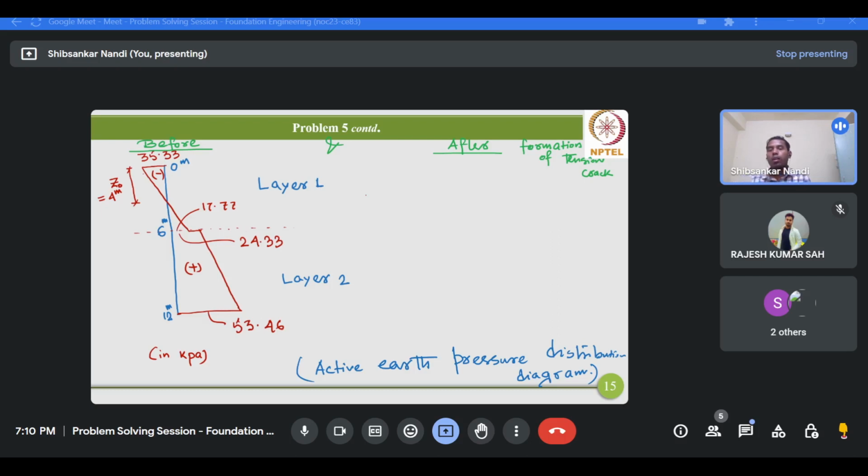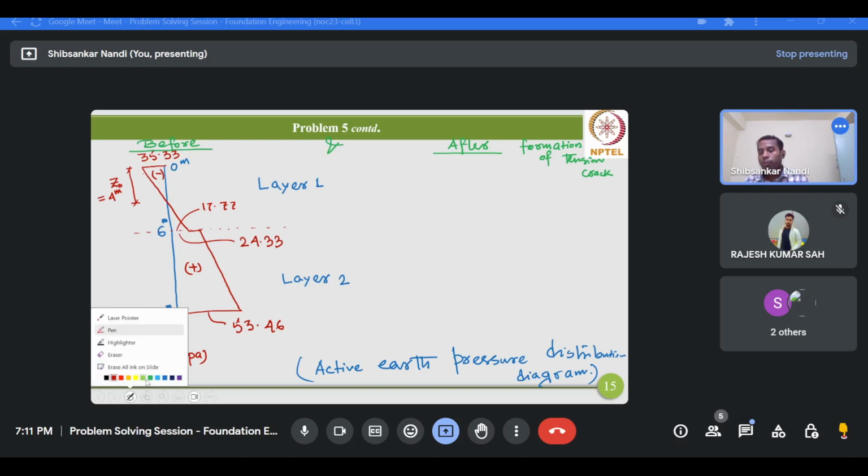Now, once the tension crack forms in the top portion of layer 1, what will happen? The adjacent soil will be separated from the retaining wall. Since the soil is weak in tension, the adjacent soil mass will not be in touch with this retaining wall. So this part will not be there, because the soil will not give any pressure as it is not in contact with the wall.